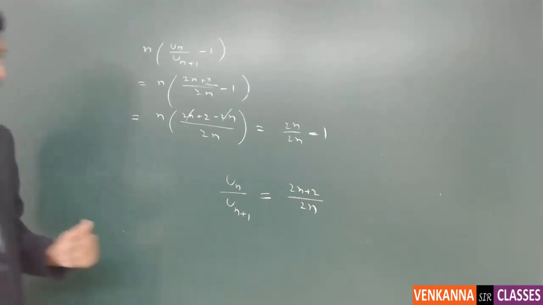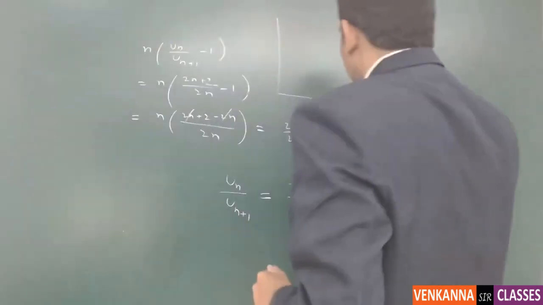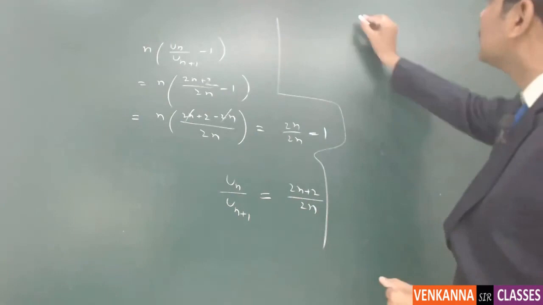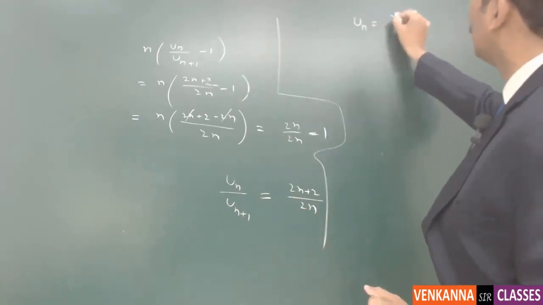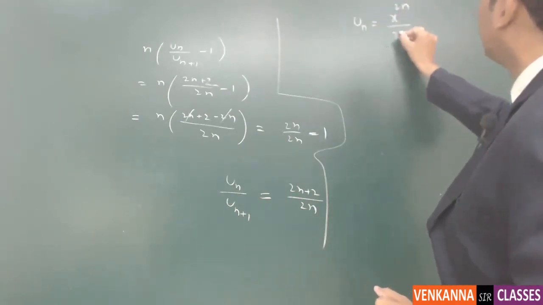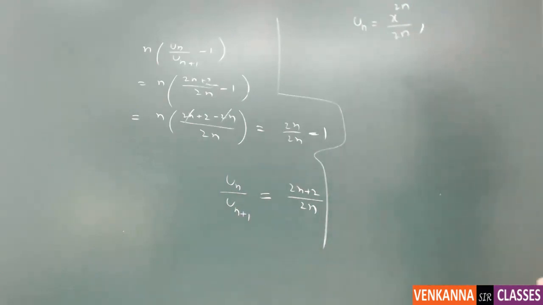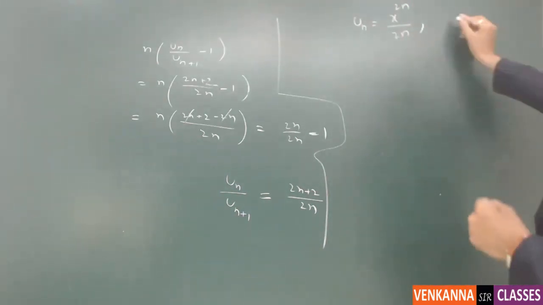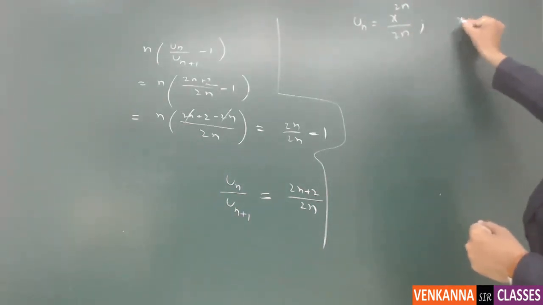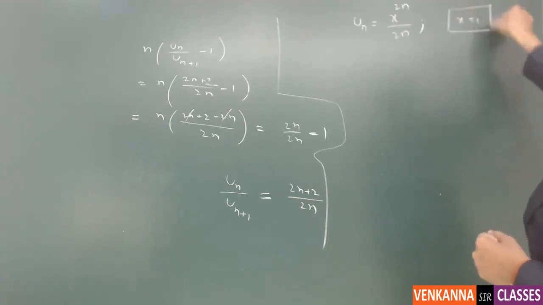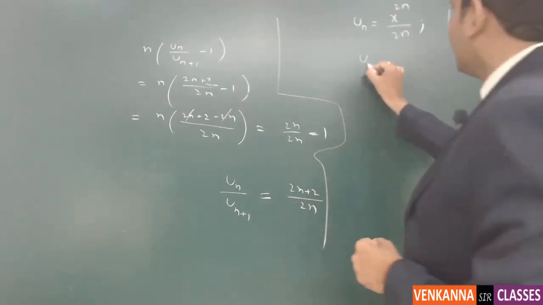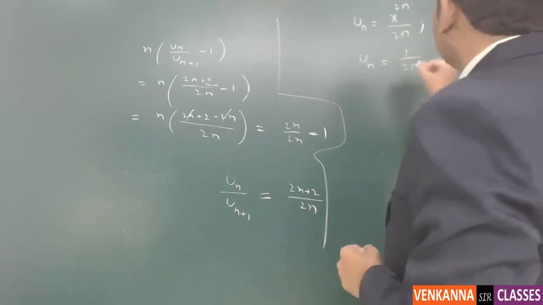Now I say that you can go for another technique. Since we know that un is equal to x power 2n by 2n, and since x is equal to 1, at this point we are checking un is nothing but 1 by 2n.